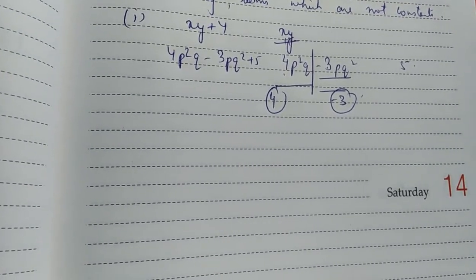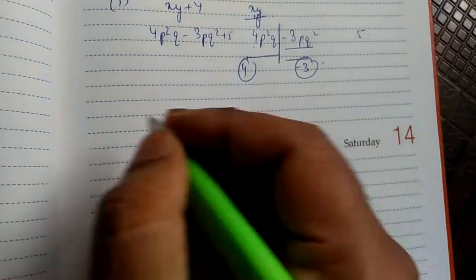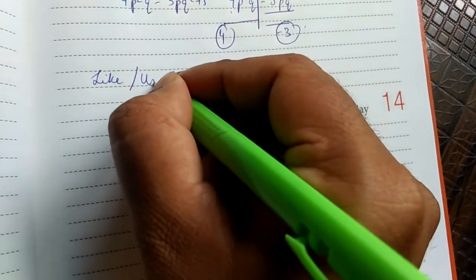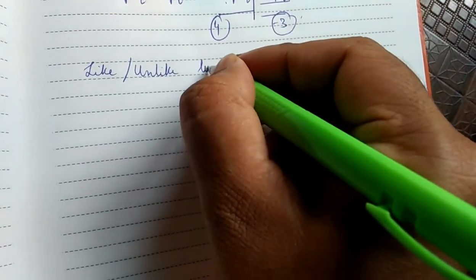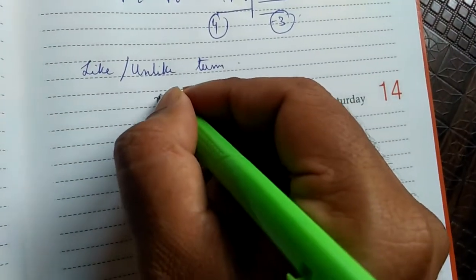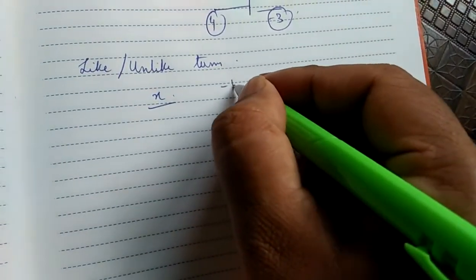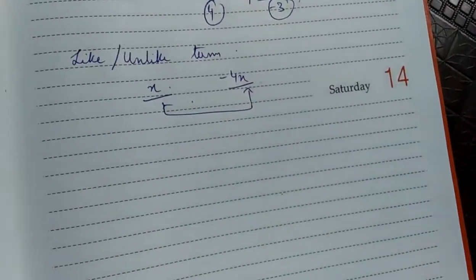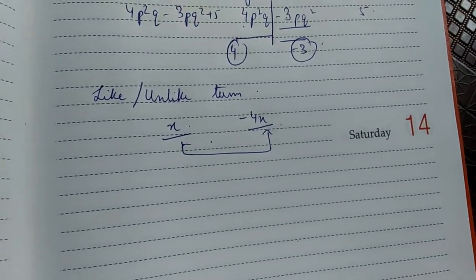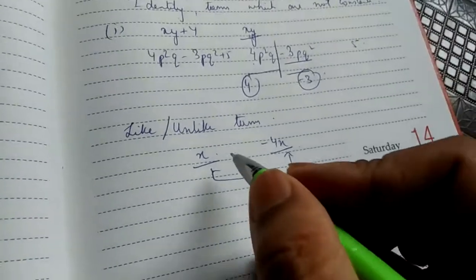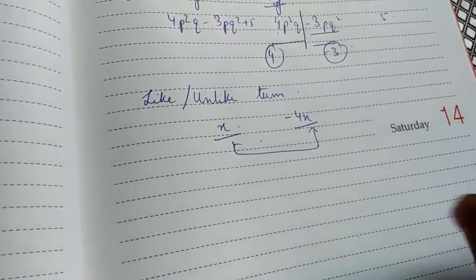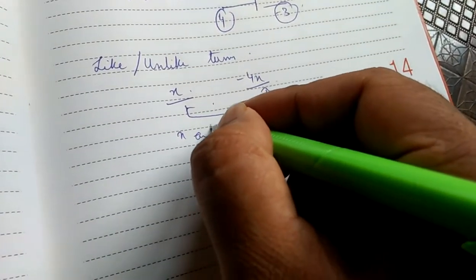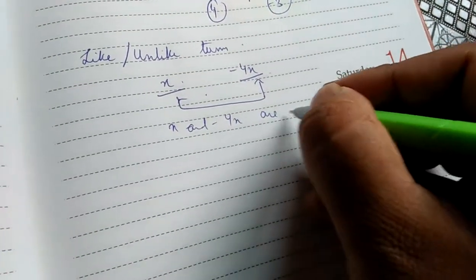So what are like and unlike terms? Let's say it is x and minus 4x. These two are like terms, because the variable part is the same in both of them. So x and minus 4x are like terms.